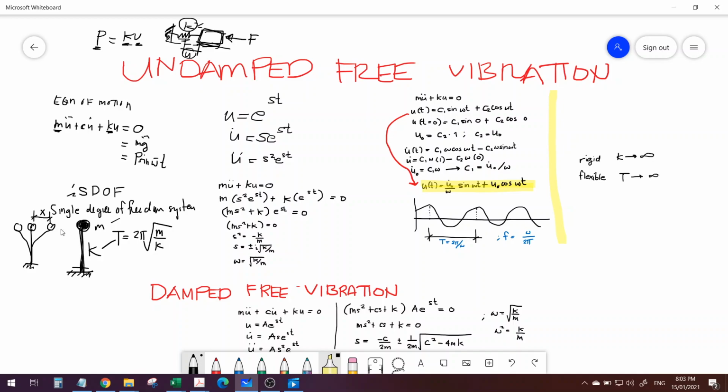So single degree of freedom. Degree of freedom means the number of freedoms you are allowed to displace.